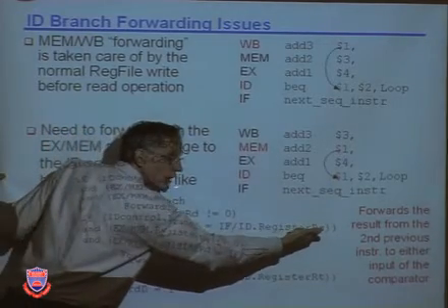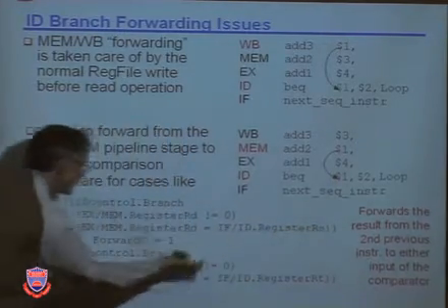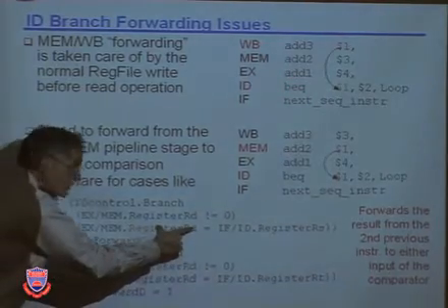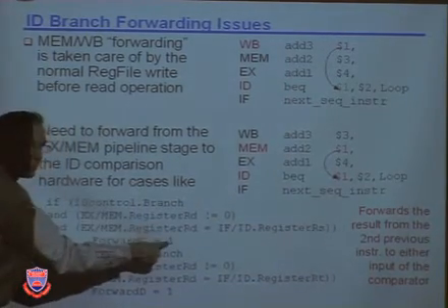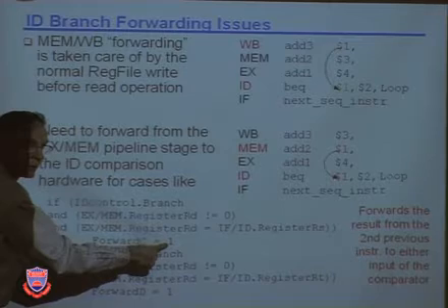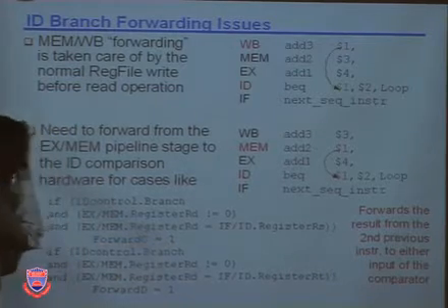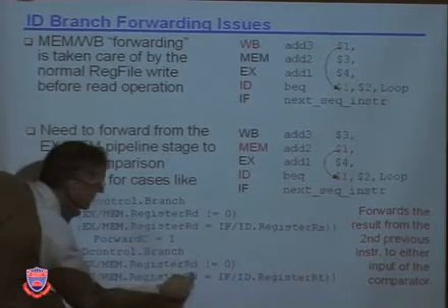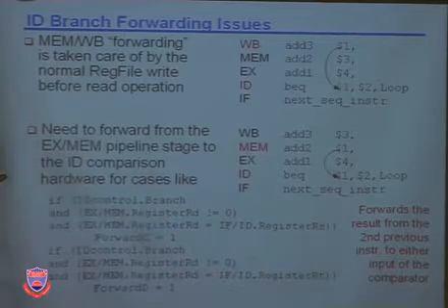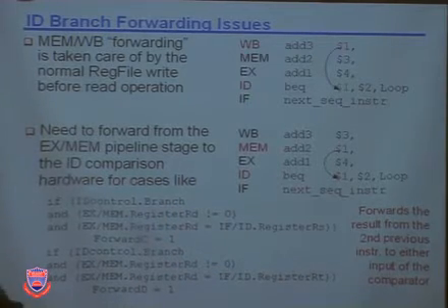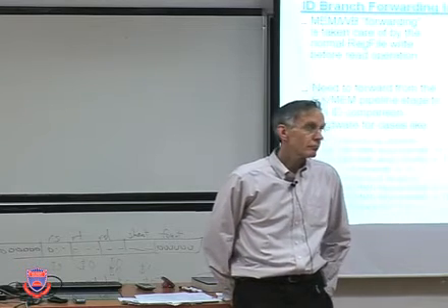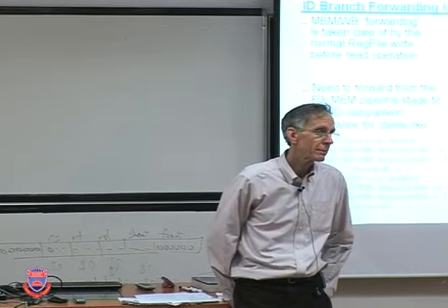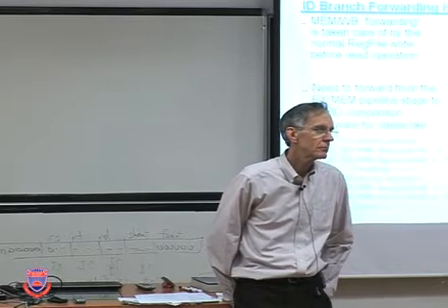The thing that you want to compare in the branch is the thing that you're about to write into in an instruction further up the pipe, then forward it please to me. I need it now for my comparison here. Okay? And this is for the other comparator. Same thing except instead of RS, it's RT. Yeah, questions?